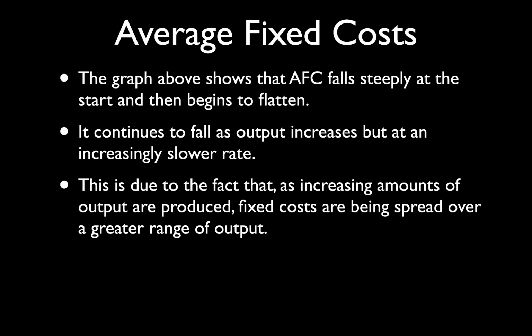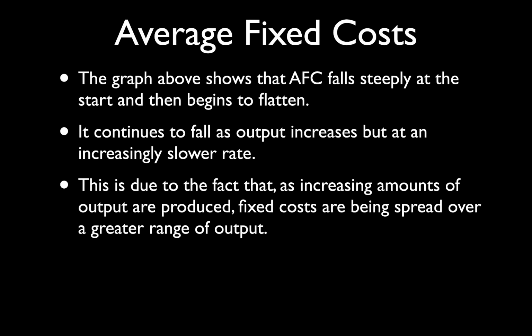This is due to the fact that as increasing amounts of output are produced, fixed costs are being spread over a greater amount of output. If you only produce one good and your fixed costs are €10,000, all of those fixed costs have to be placed on that good if you're to retrieve your money, get all your money back. But if you produce 10,000 goods, your average fixed cost then is €1 per good.